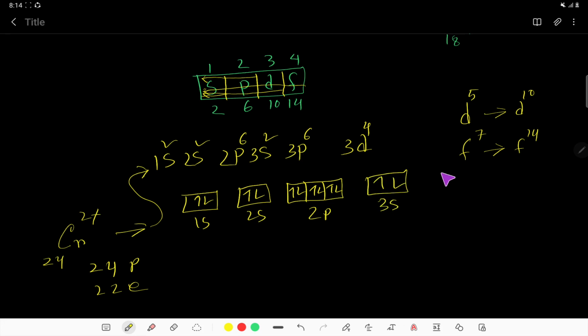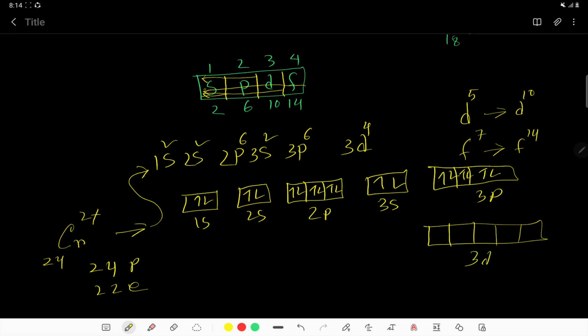Now 3p6, then 3d, here 4. So can you tell me how many unpaired electrons chromium 2 plus has? 1, 2, 3, 4. Chromium 2 plus has 4 unpaired electrons, right? That is why it is paramagnetic.